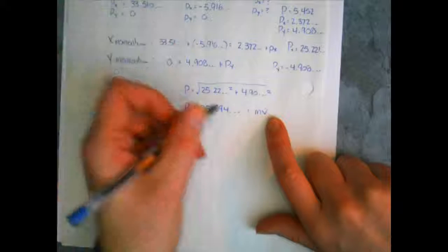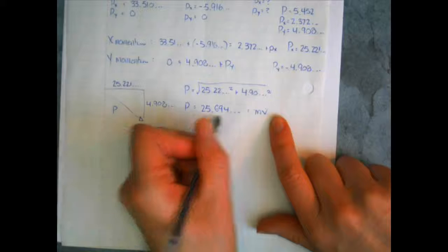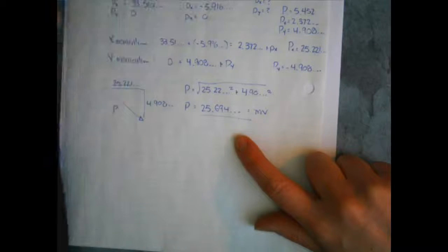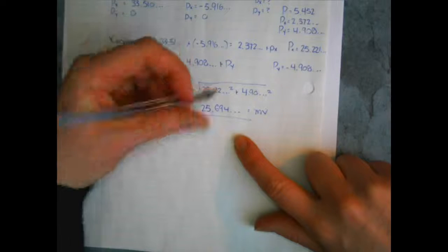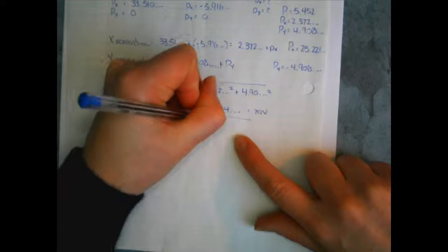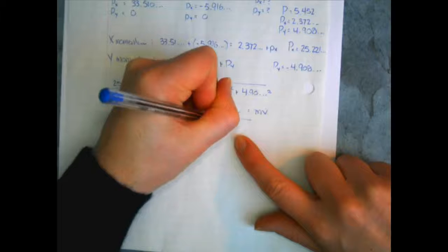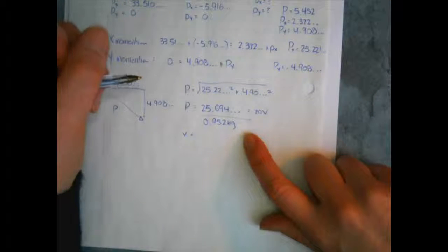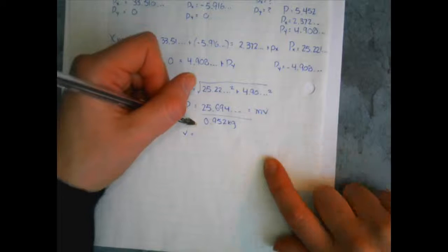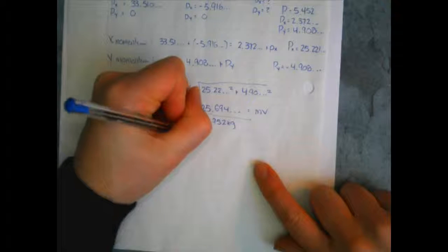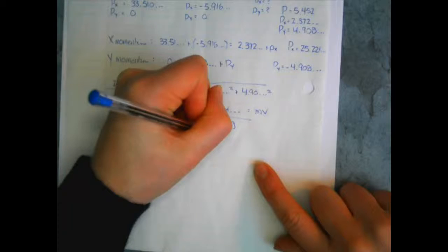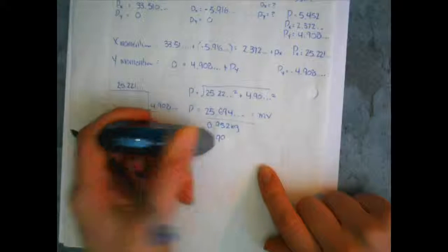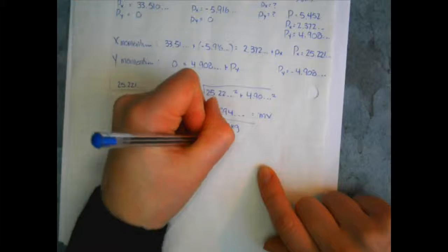Because we want to solve for velocity, we divide out our mass. And our mass for the bat was 0.952 kilograms. Okay, and so now we can say V is equal to 26.99. Oh, meters per second. I'm still thinking in momentum and putting down kg meters per second, but it's just meters per second.